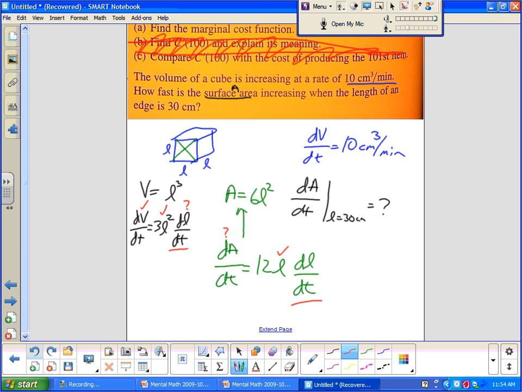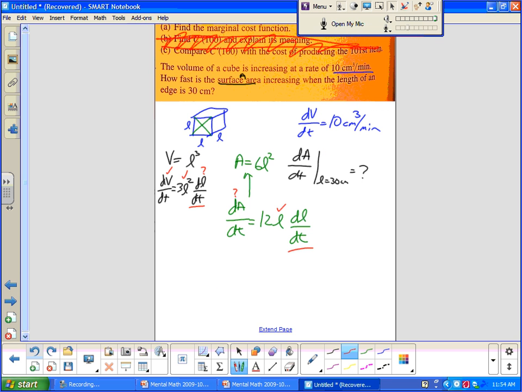Now this will be a little harder than the ones tomorrow. So again, if I fill in 10 cubic centimeters per minute equals 3 times 30 centimeters squared, dL/dt. I can do the math here. dL/dt equals 900 times 3, 2,700.